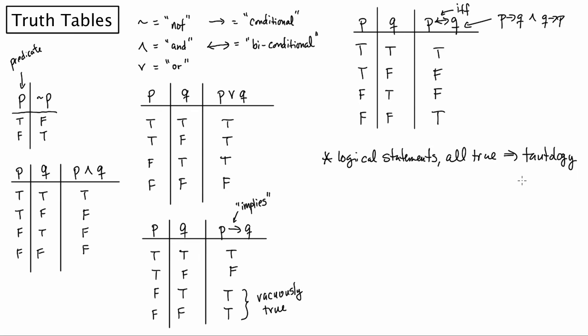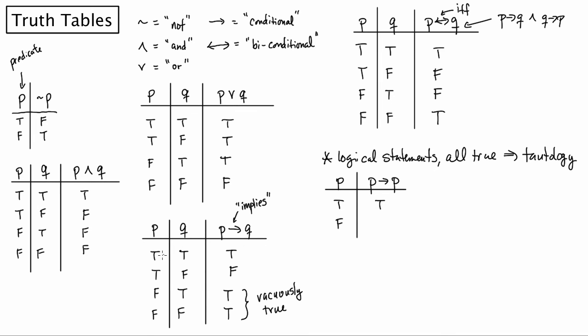The primary example of a tautology that we'll run into sometimes this semester, but usually these are not intrinsically valuable. But the easiest example of a tautology is P implies P.